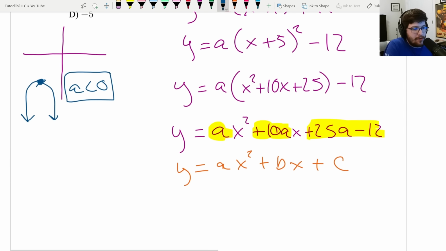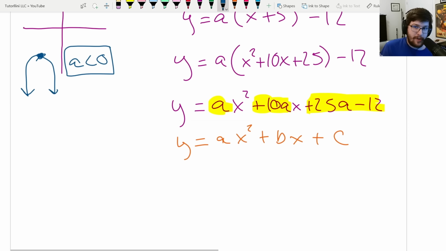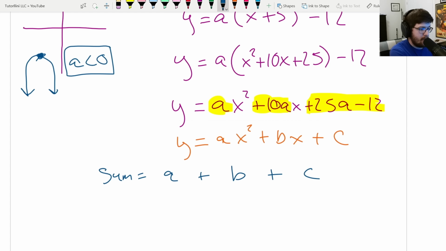So we want to find this quantity, which, for lack of a better word, I'm going to call the sum, not the sum of solutions, just the sum, is a plus b plus c. That's what they want us to find. So here, that is going to be a is just a, b, as we talked about, is 10a, and then c is 25a minus 12.